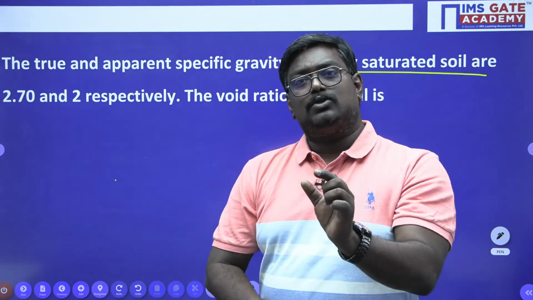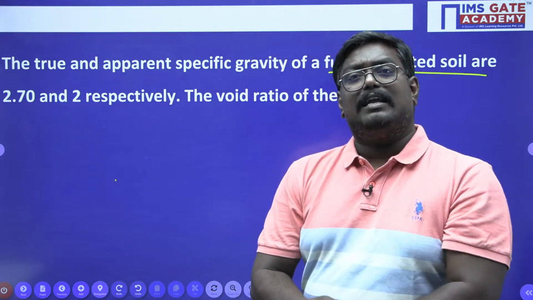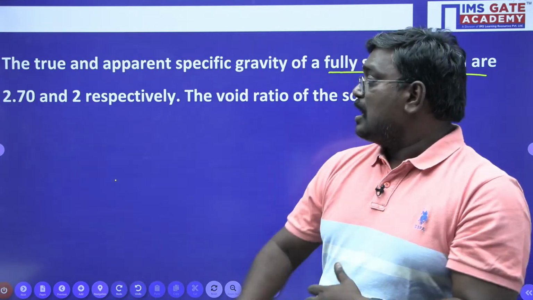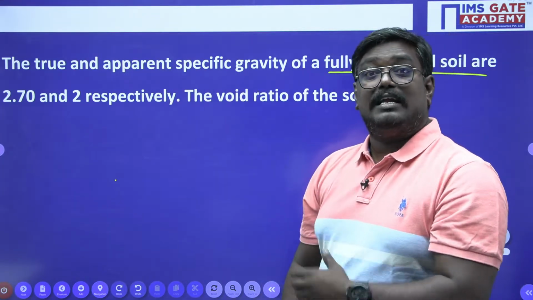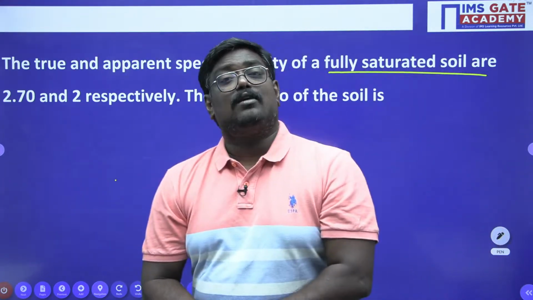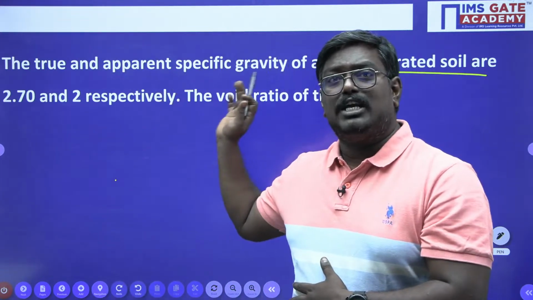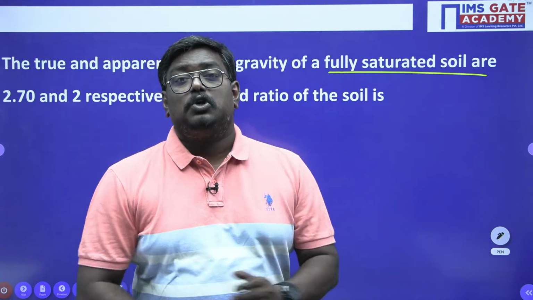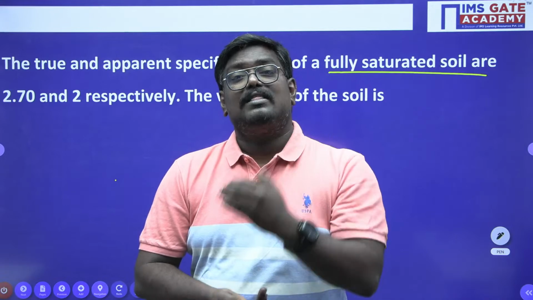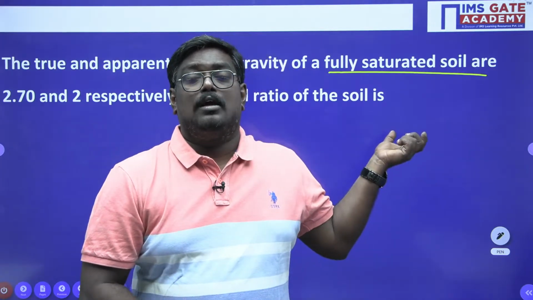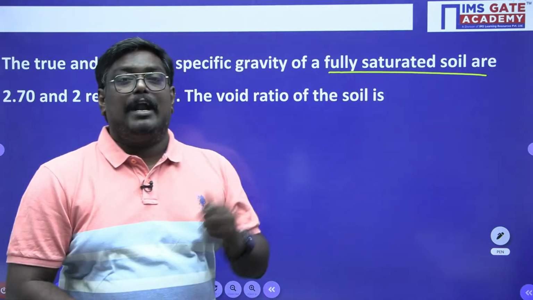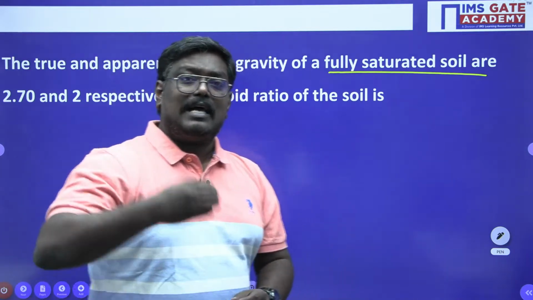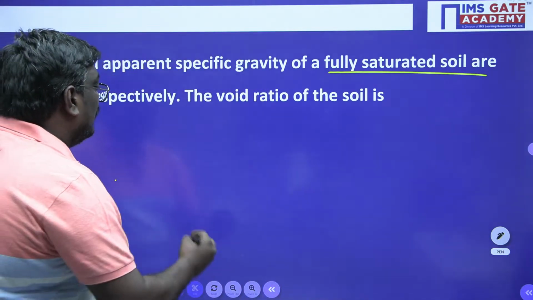Remember, students, the true specific gravity will never change, and the apparent specific gravity depends upon the state of the soil. In this question, the soil is in fully saturated state. So the apparent specific gravity formula will vary with respect to the state of the soil, and he has asked the void ratio of the soil. Let us understand this problem in a simple way.